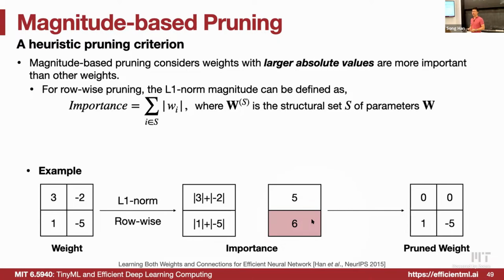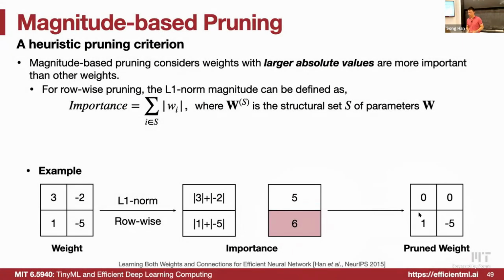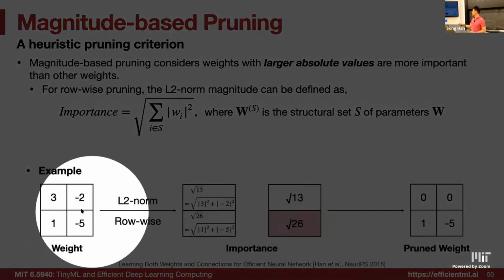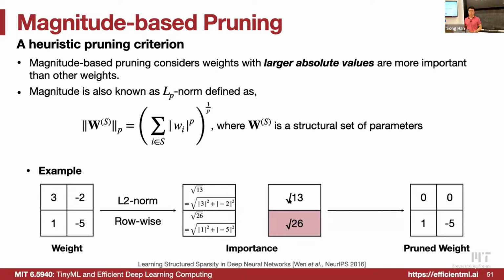So we are going to prune away the first row and only leave the second row unpruned. Similarly, we can also apply L2 norm. This is the way to calculate L2 norm. It's very simple. I won't repeat it here. It is a very similar heuristic. Just use the magnitude, no matter if it is a tensor or just a single value. And in general, we can use the Lp norm to determine the pruning criteria.